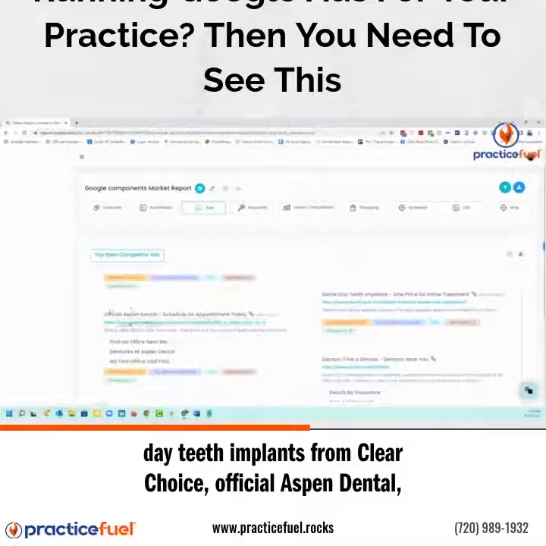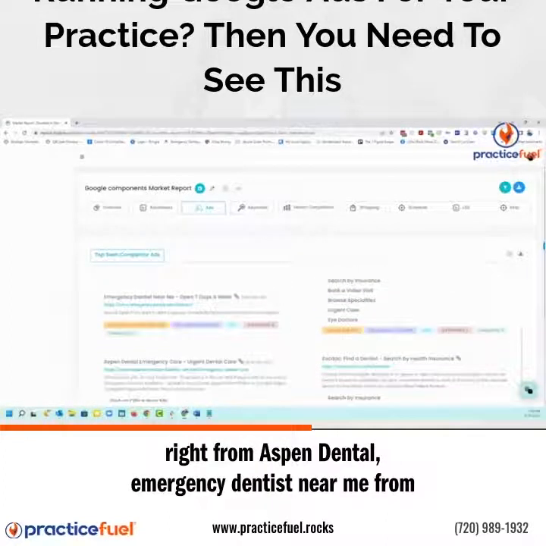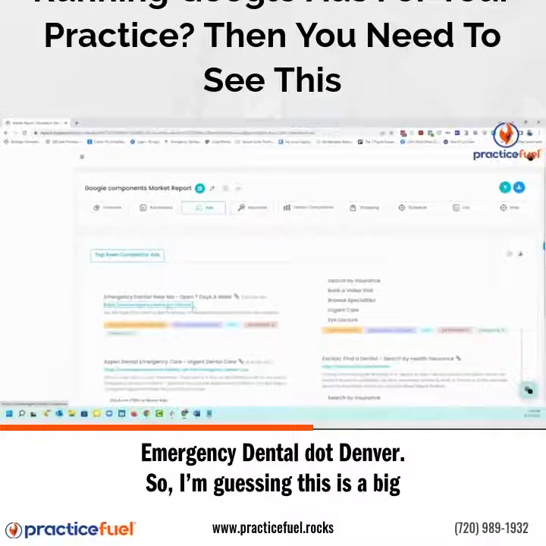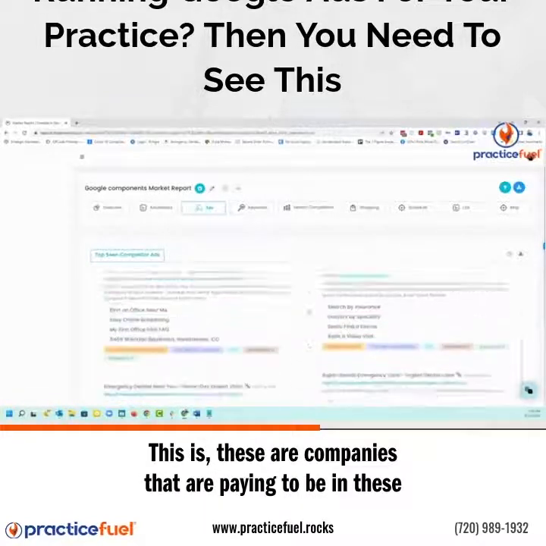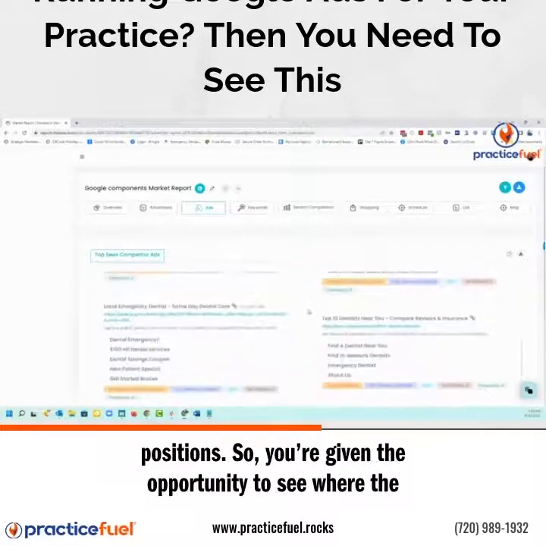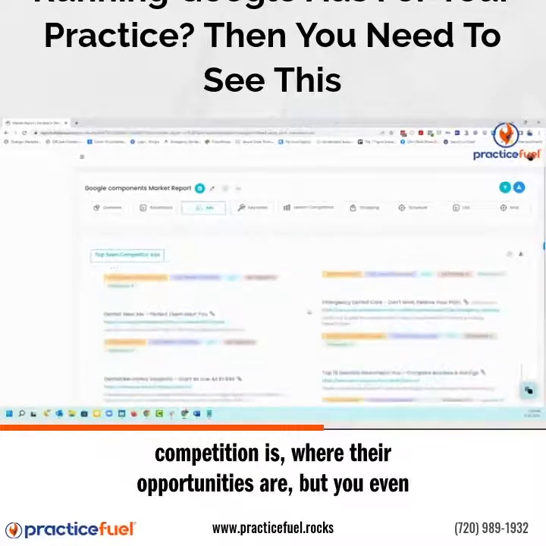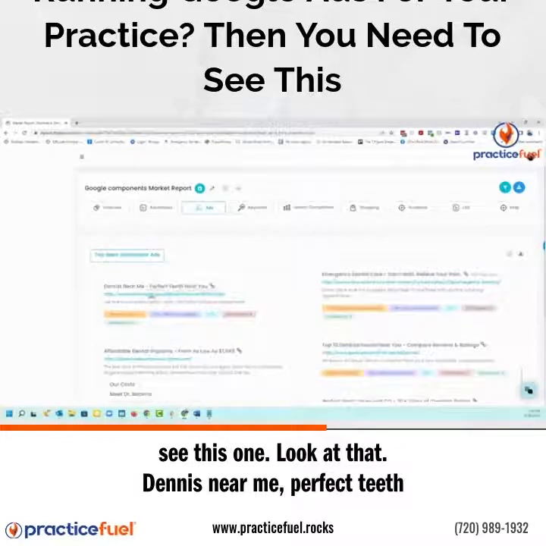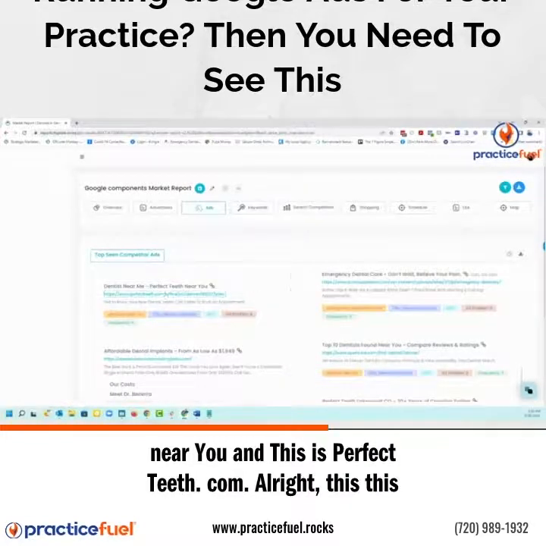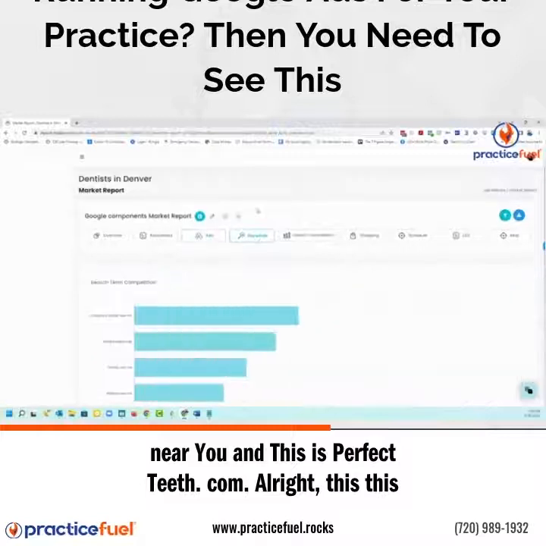Official Aspen Dental, right, from Aspen Dental. Emergency dentist near me from emergencydental.com, Denver. So I'm guessing this is a big box, right? This is not going to be a local dentist. These are companies that are paying to be in these positions. So you're given the opportunity to see where the competition is, where their opportunities are, but you even see this one. Look at that, dentist near me, perfect teeth near you, and this is perfectteeth.com. All right, this is really amazing stuff.